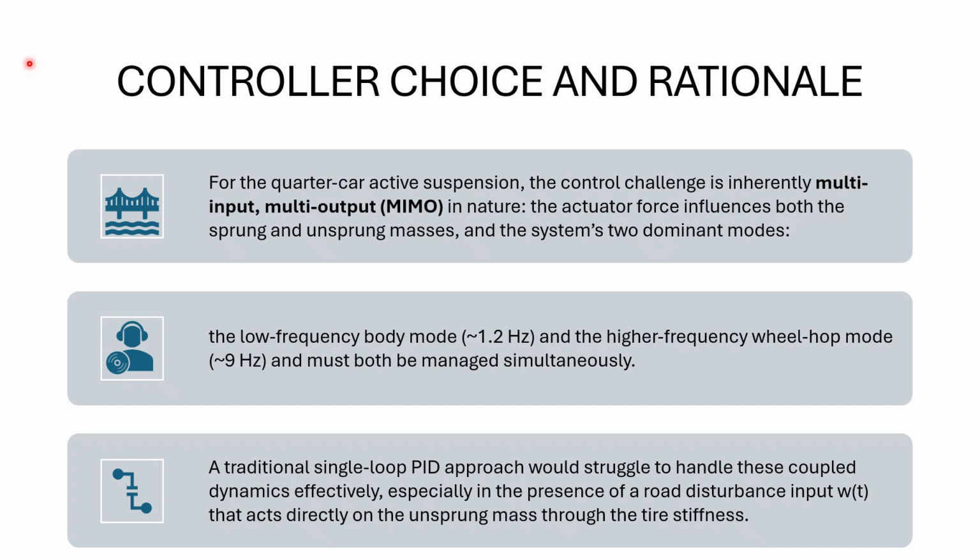While we didn't explicitly design the control around these exact frequencies, they illustrate why a more advanced MIMO controller like the LQR is suitable for this project, because it can handle both ride comfort and road holding, which is something a simple single loop PID would struggle with. We also use a Kalman filter, which supports this idea by providing accurate state estimates in the presence of sensor noise.